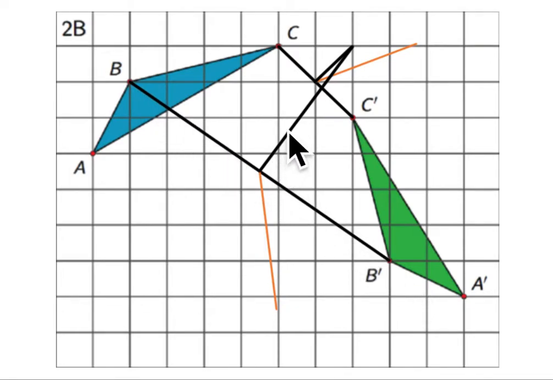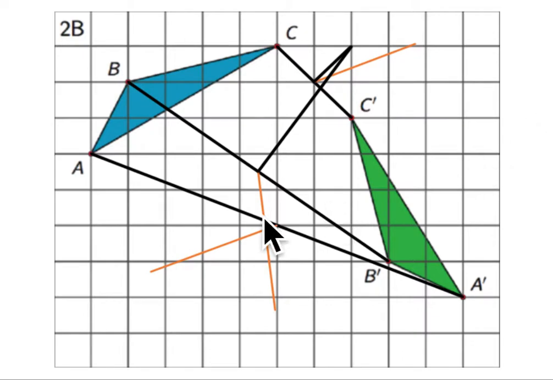So you just extend these lines out towards the center of rotation. You just have to have some idea that you're going in this direction and not the opposite direction. If you tried to go in the opposite direction, they would never intersect. They would continue to go and get farther and farther apart. So you know that this is the correct direction. And they intersect right at the center of rotation, right there.